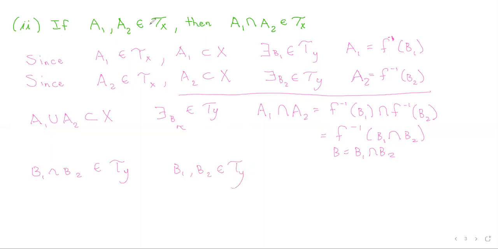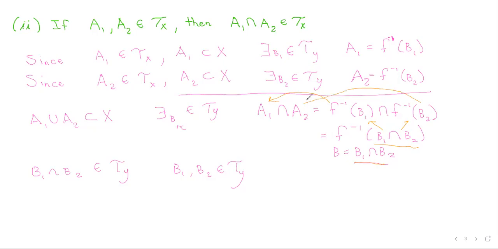So therefore, the intersection would also exist. So since the intersection exists, we're allowed to move our way backwards, with the inverse image of B1, B2 being allowed to be separated. And then we see that they're equivalent.